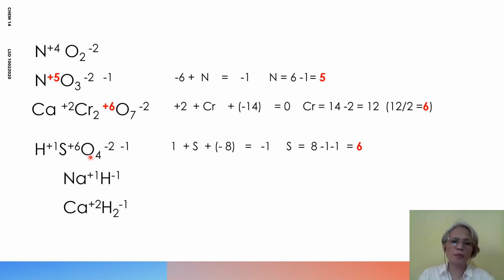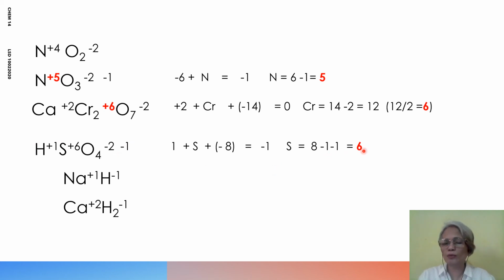Okay, so we have the bisulfate ion. So this whole thing has a charge of negative 1. So again, hydrogen being the more electropositive element is assigned an oxidation state of positive 1. So oxygen is negative 2 times 4, that's negative 8. So sulfur is unknown. And thus, simple algebra would give us oxidation state of sulfur being equal to 8, which is the charge of oxygen, minus 1, which is the charge of hydrogen, minus 1, which is the total charge.